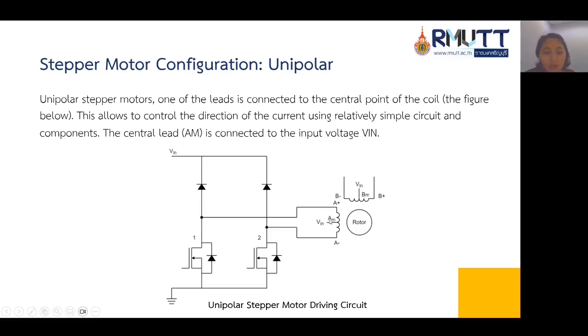This allows control of the direction of the current using relatively simple circuits and components. The central lead AM is connected to the input voltage Vin. And this is the picture of the unipolar stepper motor driving circuit.